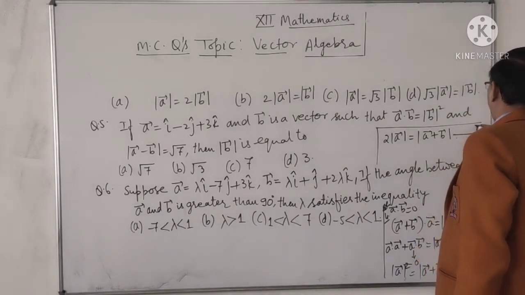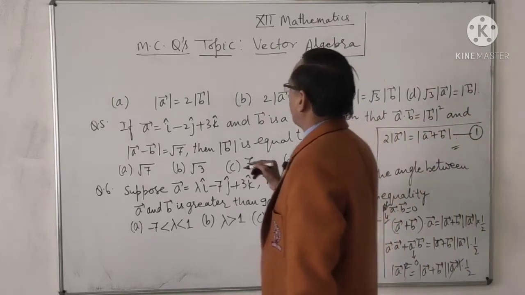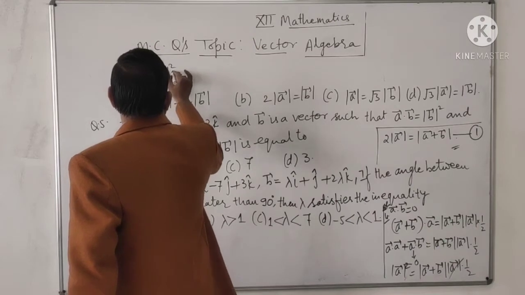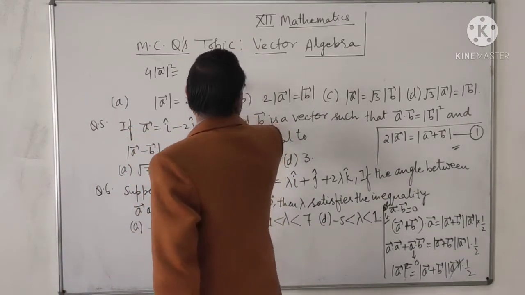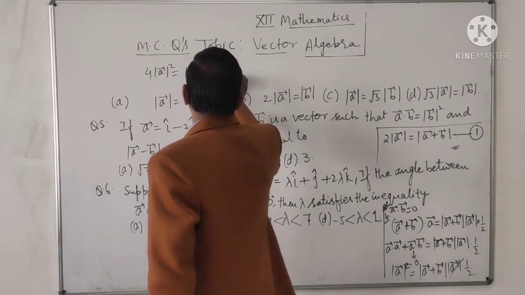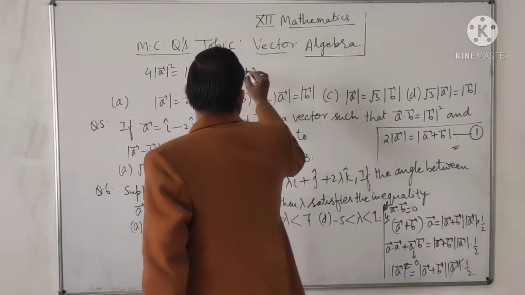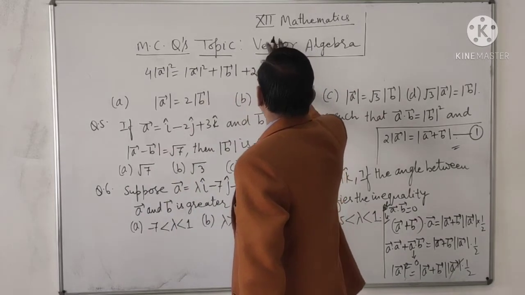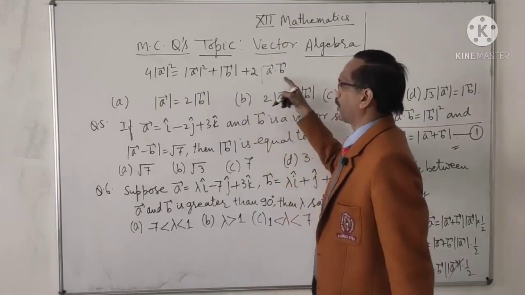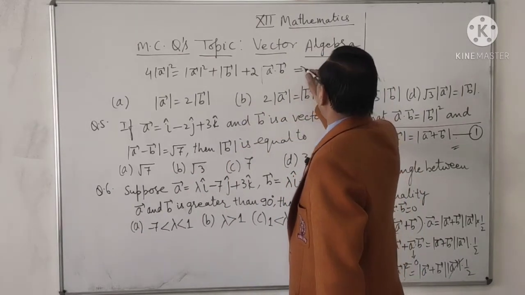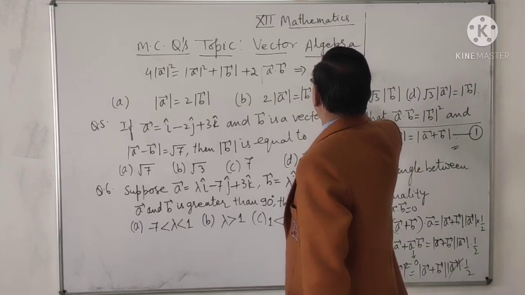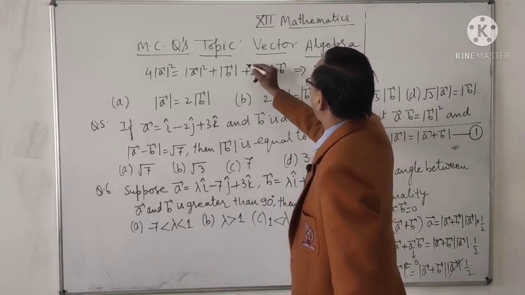Now make the square of this. So it is 4 mod A square equal to mod A square plus mod B square plus 2 into A dot B. Since A dot B is 0, from this it is 3 mod A square equal to mod B square.